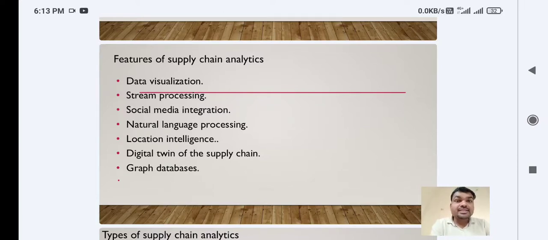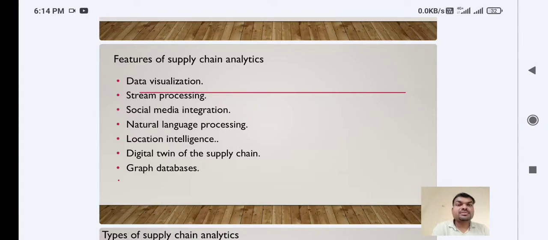In this, data visualization means the data is collected in supply chain analytics from different departments and different sectors, and we visualize how the process is going, or what the value generation will be from that data.